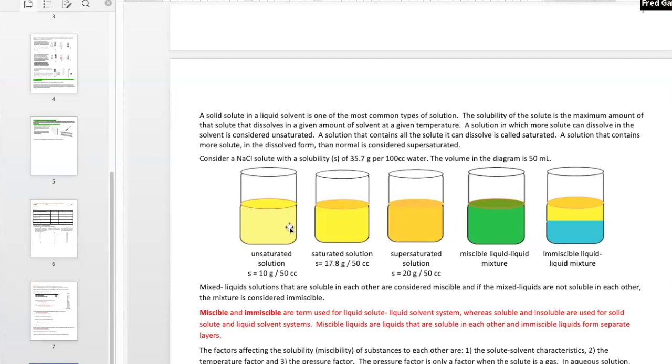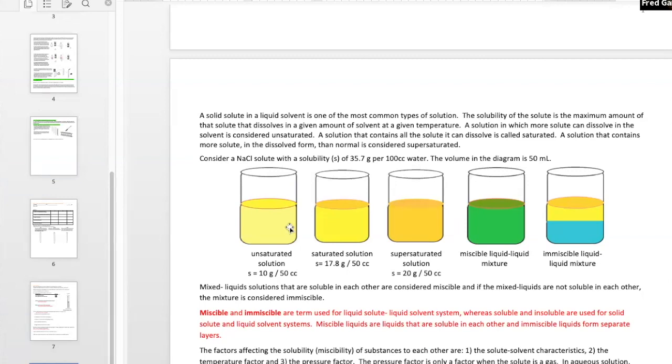But suppose that it's time when I'm calling attendance and I have 24 enrolled and all 24 seats are occupied, then that would be saturated. Now, if it's like the first day of class and students are trying to crash a class and I have more than 24, something like 32 in that one classroom, then it's going to be supersaturated.